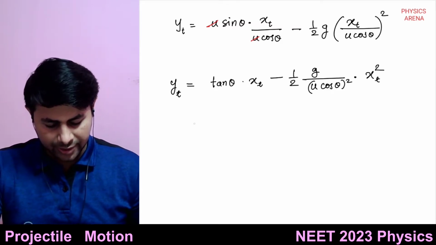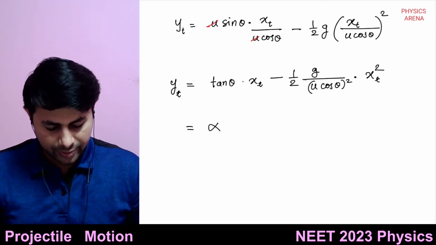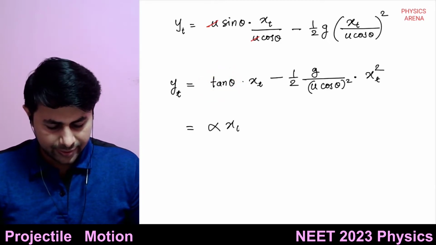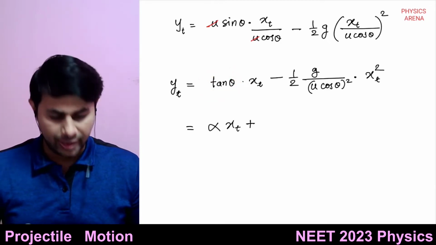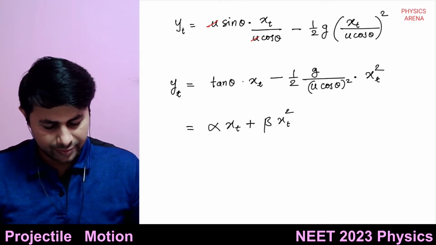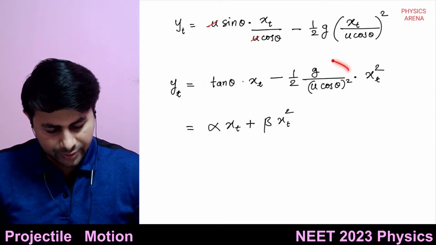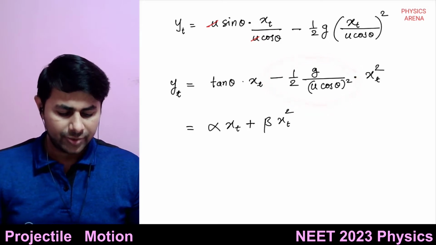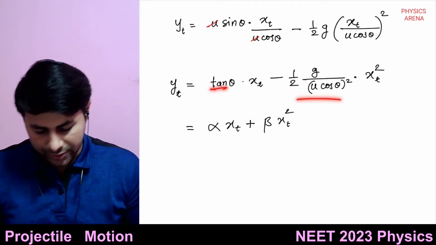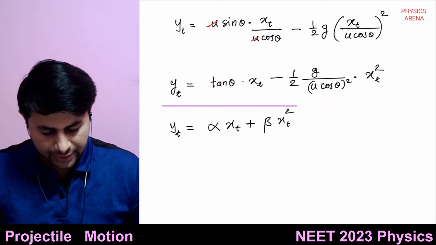So this can be written as some alpha times x minus, or I will write plus, beta times x t square, where alpha is equal to what? Tan theta. Beta is equal to this thing, minus half g upon u cos theta square. So this is a constant, this is a constant, and you get this equation for the trajectory.